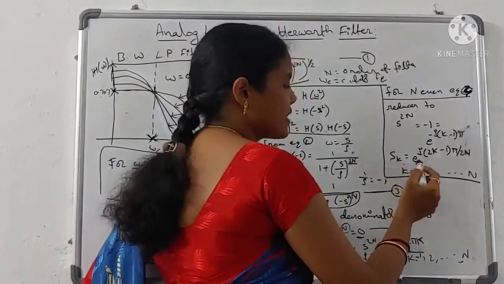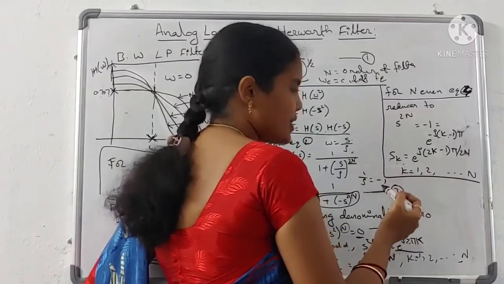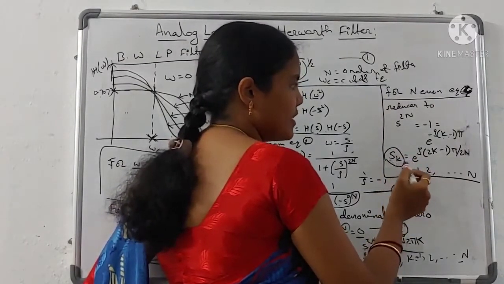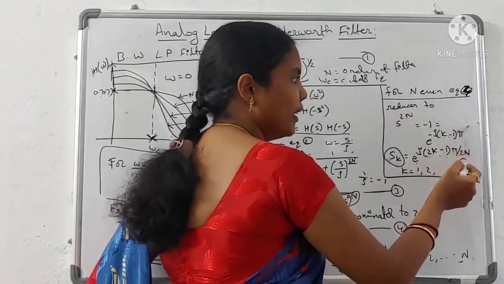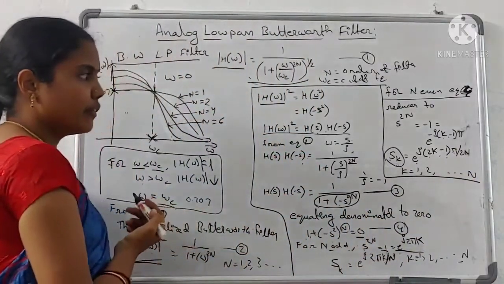For k equal to 1, 2 and so on, s suffix k is equal to e power j (2k minus 1) pi by 2n.